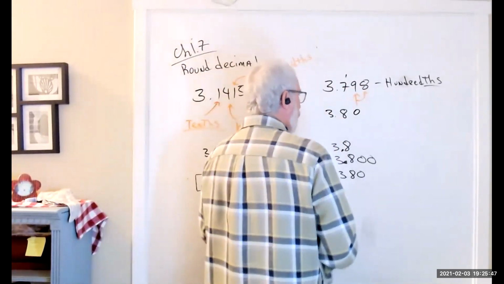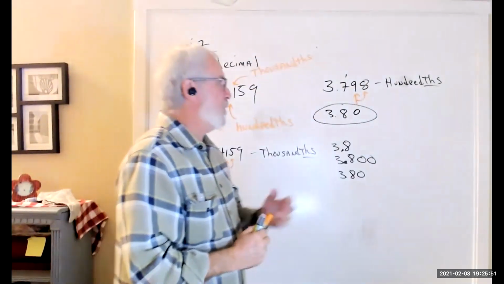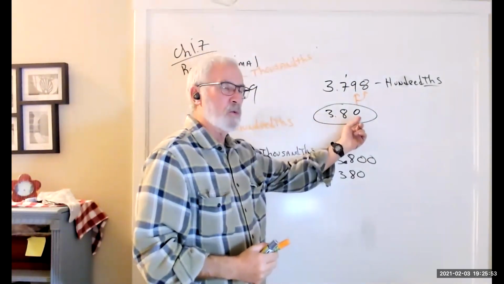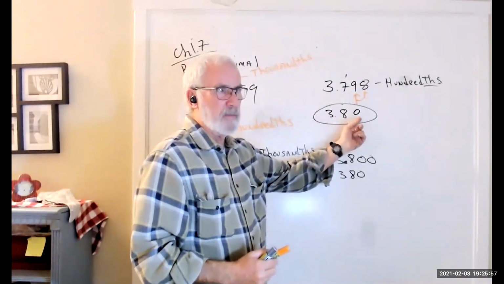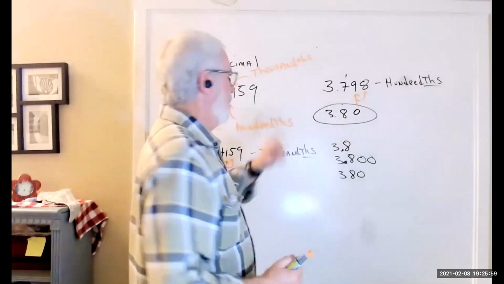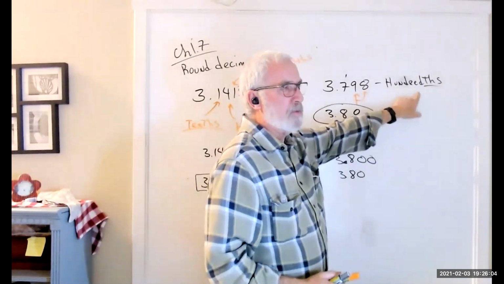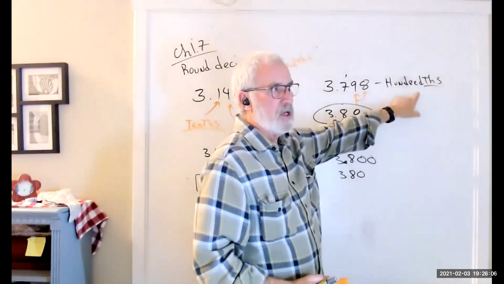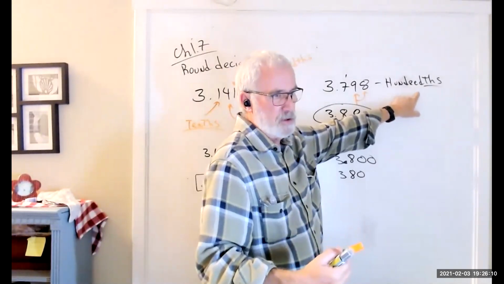Now, the question is, what do we do with that 0? Do we drop it or do we keep it? Okay, we keep it because of what I said here. If your problem says round to the hundredths, then your answer has to be in hundredths.